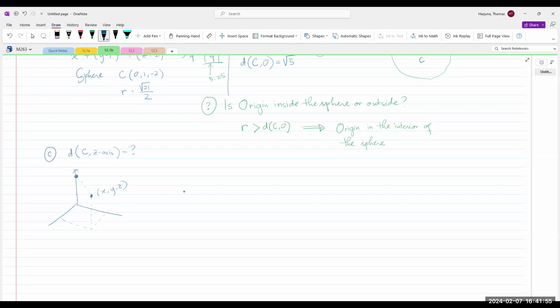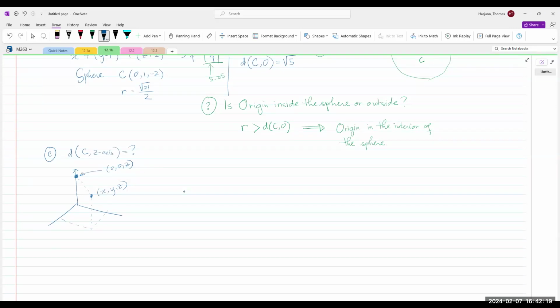But then what is the coordinate here that we could try to compare that to? The coordinate there will be, well, it is on the z-axis, right? That coordinate is on the z-axis, and therefore the coordinate must be 0, 0, z. Okay?